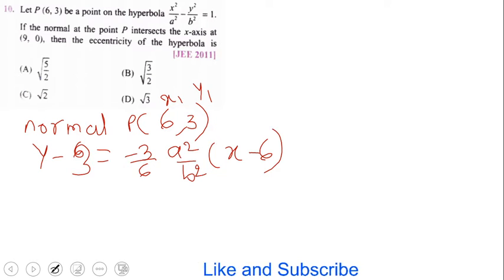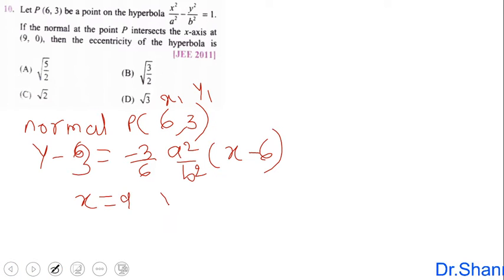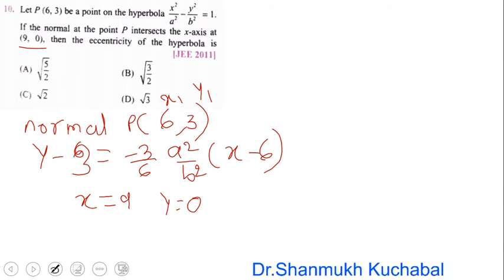Then further we have to see it intercepts the x-axis, so the y coordinate we have to take as 0. So we have to take x equal to 9, y equal to 0 here. This point we have to represent. Then we have to substitute.